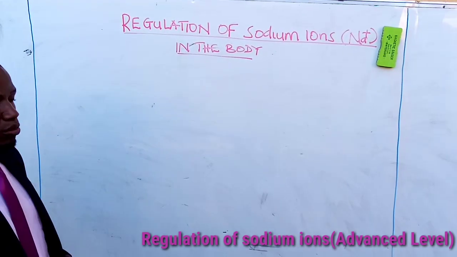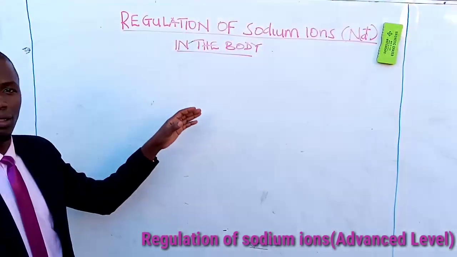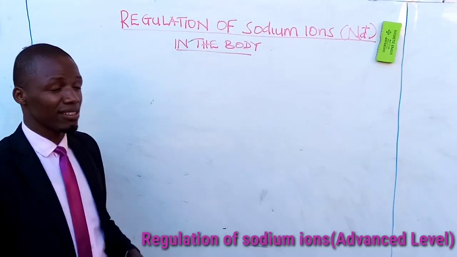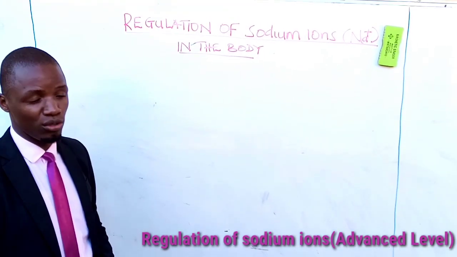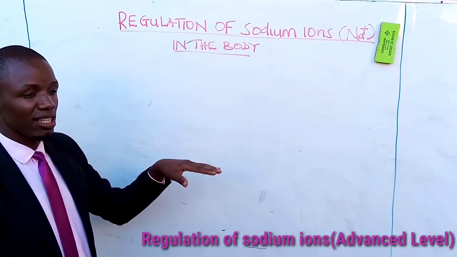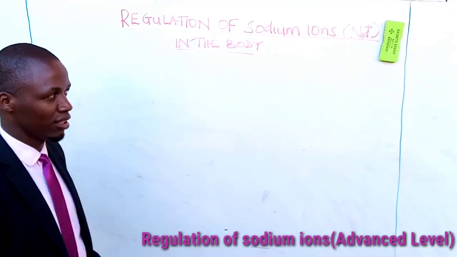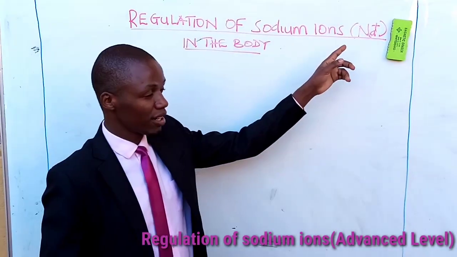Now we are going to begin with a scenario where the sodium ions in the body are very low. What does the body do to raise them to higher levels? Because we need them, they are very key.